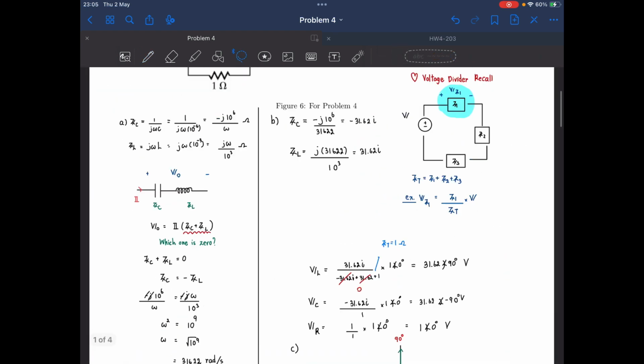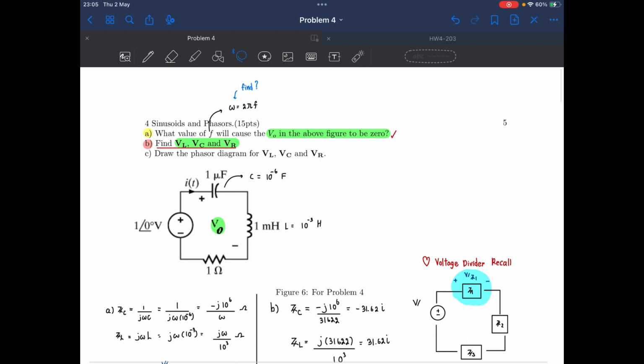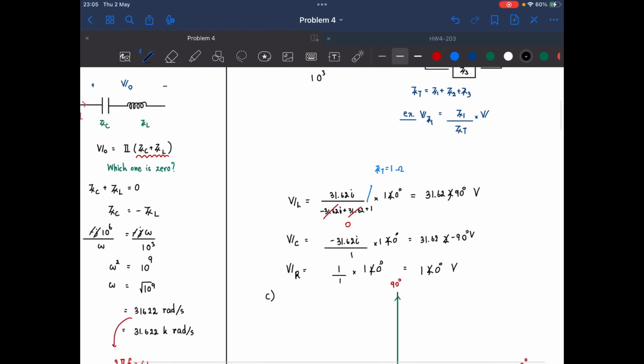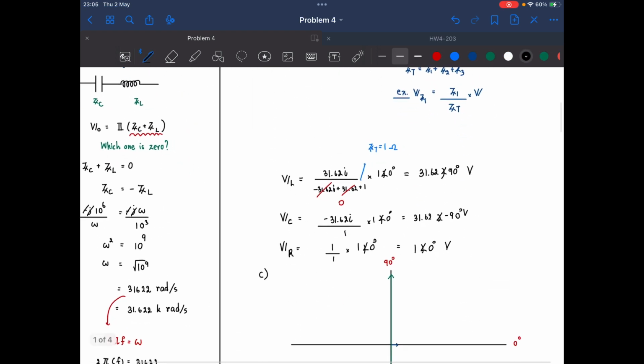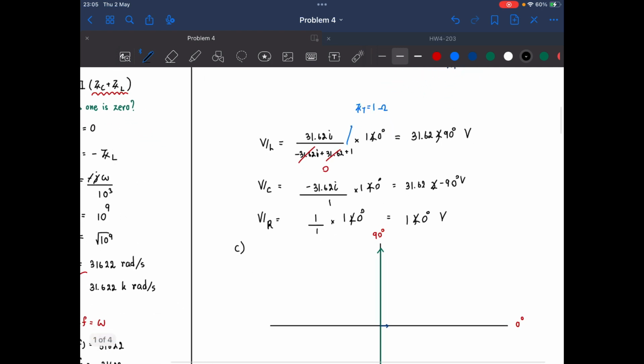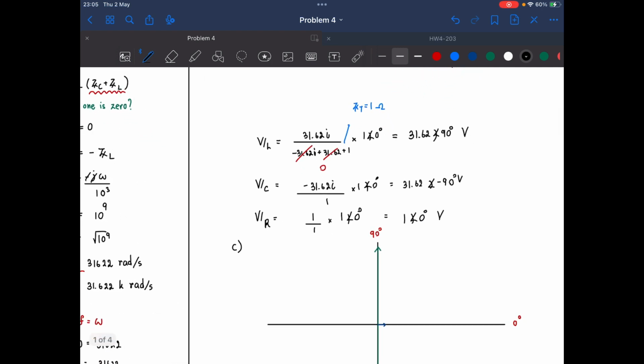In problem C here, we have to draw the phasor diagram for these voltages. From the previous calculation, the voltage for the L has a phasor of 90 degrees, right?